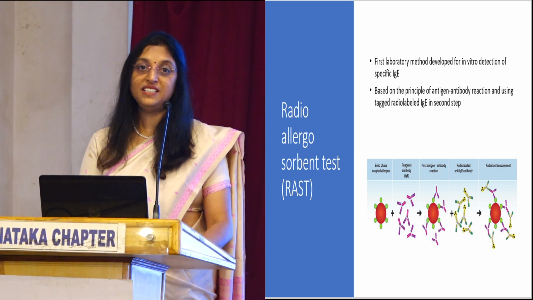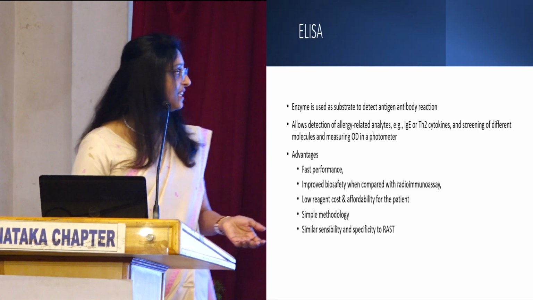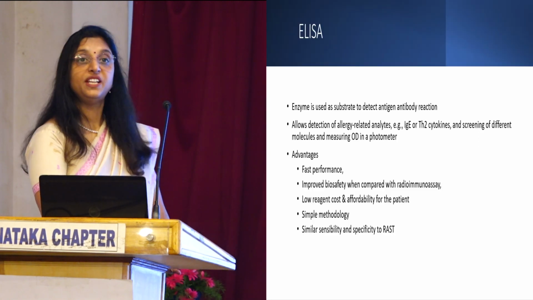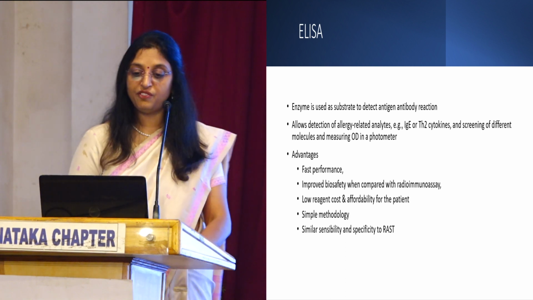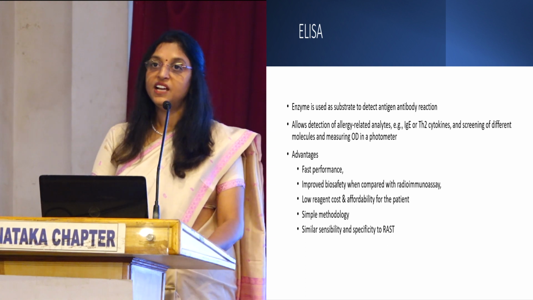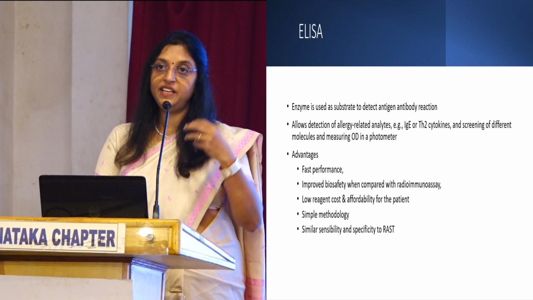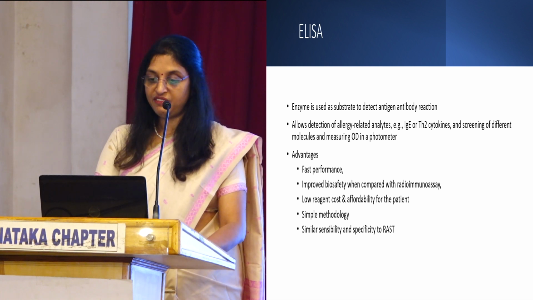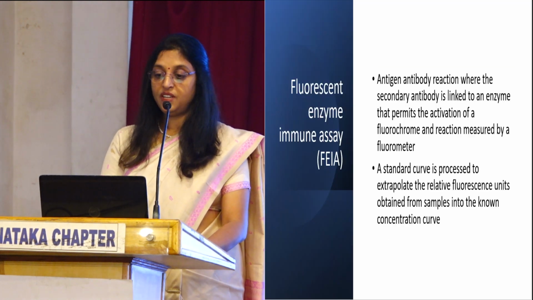Because of the risk of radiation and the permissions required, these are now replaced with ELISAs, where instead of a radio-labeled antibody, you use an enzyme to detect the antigen antibody reaction. It allows detection of various allergy-related analytes specific to the allergen, which could be a food or an inhalant, and it has faster performance, improved biosafety compared with radioimmunoassays, low cost and simple methodology.